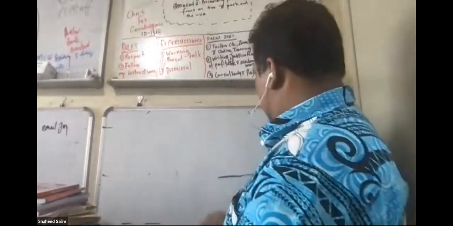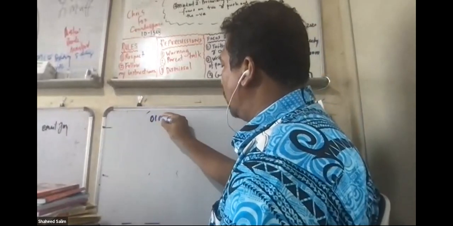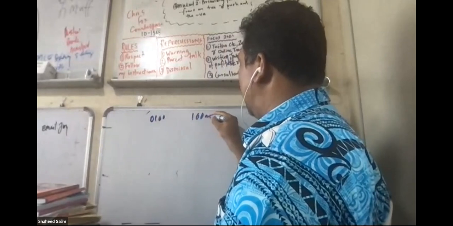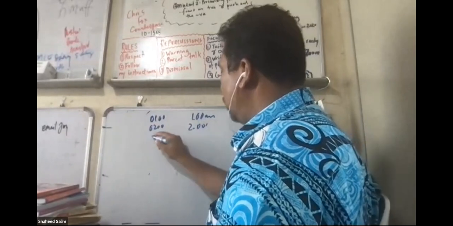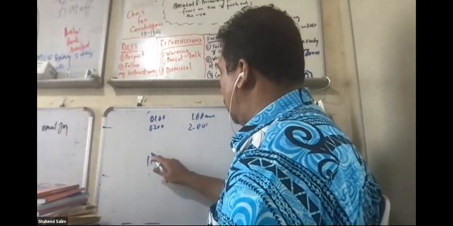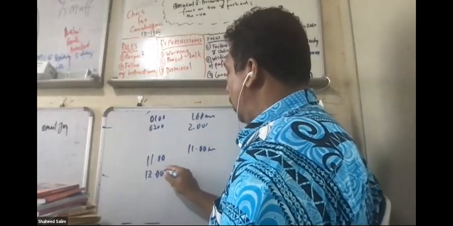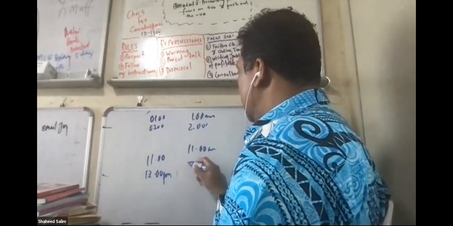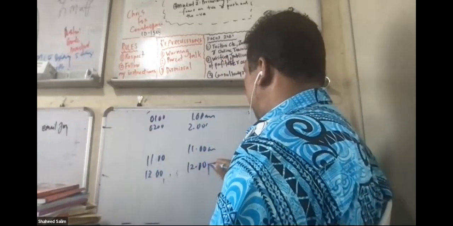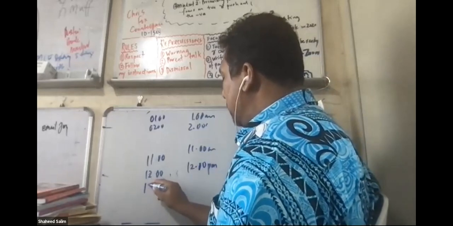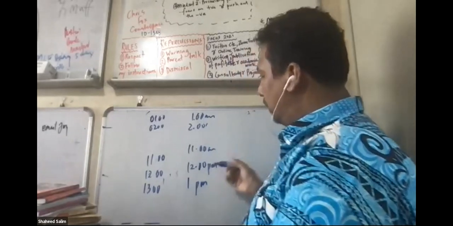Down here you have the 24-hour clock, 0100, which is the same as 1 a.m. Then 0200 is 2 a.m. This continues until 11 a.m. Then 12:00 is 12 p.m. The next one becomes 13:00, which is 1 p.m. After 12 is 13.